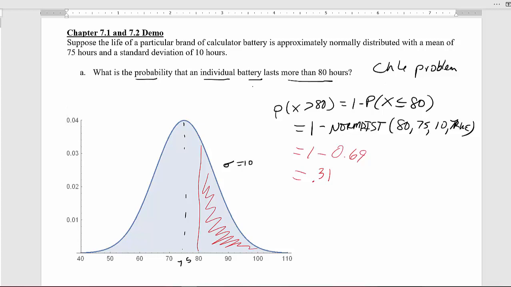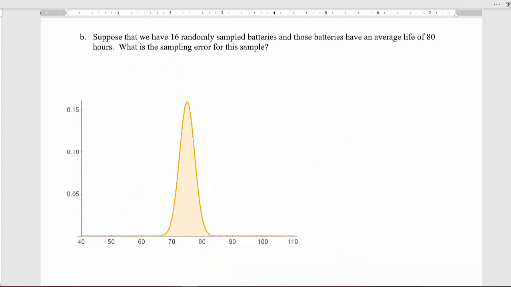Let's think about what would happen if we grabbed a sample of 16 batteries and we averaged those batteries together. This axis is no longer x, it is x bar. It is the possible values that we could get from averaging 16 randomly selected batteries together.